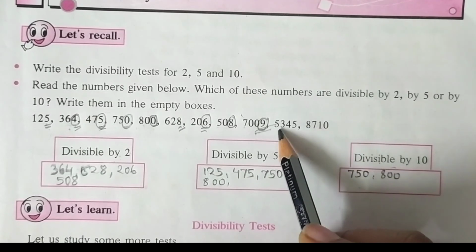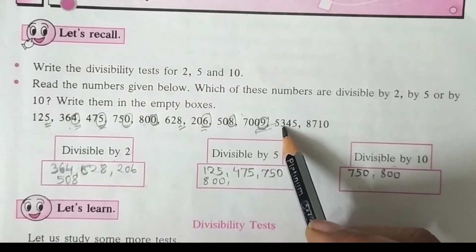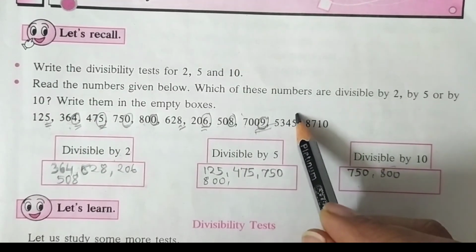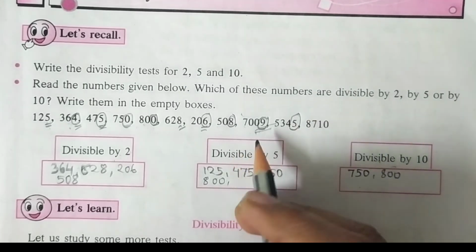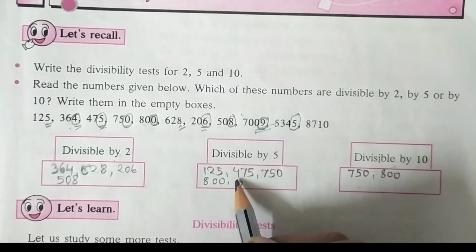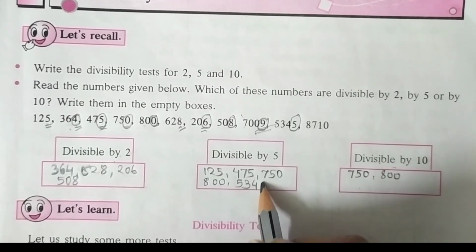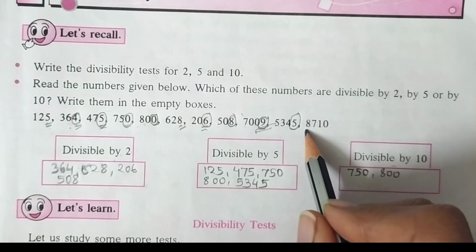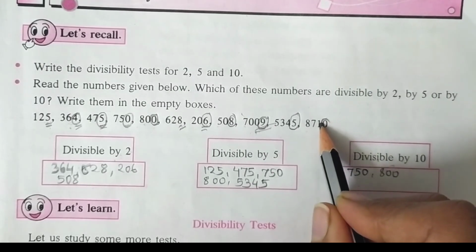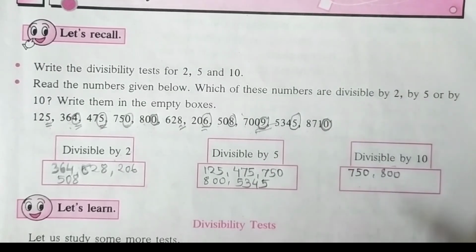Now look at the next number, 5345. It has 5 in the unit place. So we are going to write here in divisible by 5's table 5345. And our last number is 8710. It has 0 in the unit place.